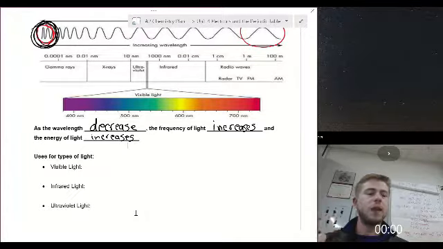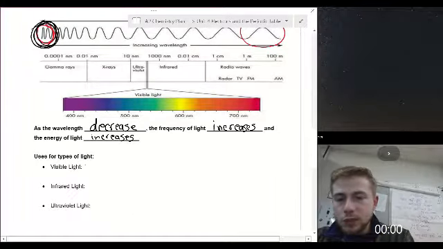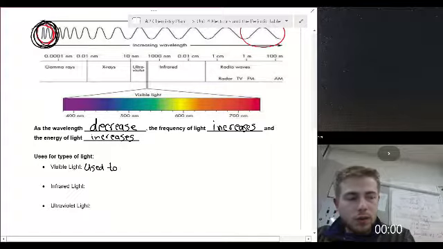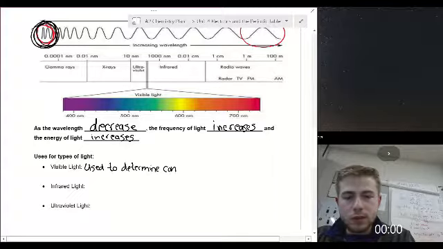So we can use visible light as a tool to measure the concentration of solutions. Visible light is used to determine concentration of solutions.